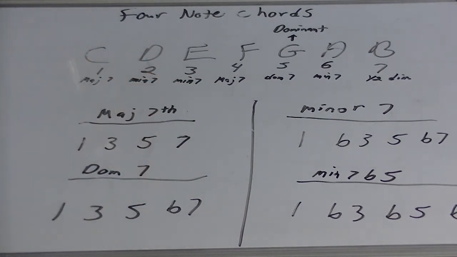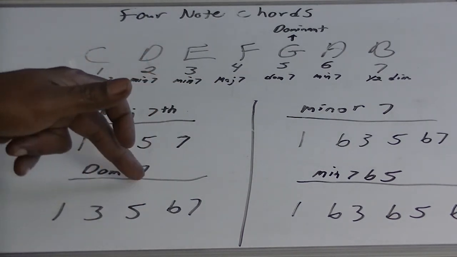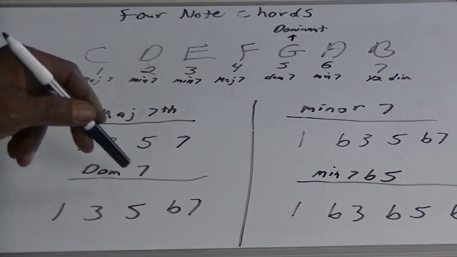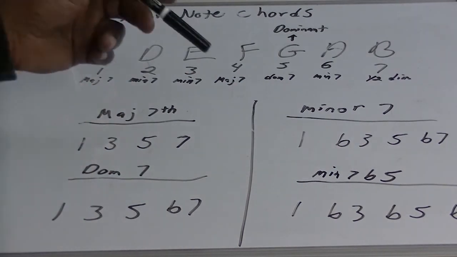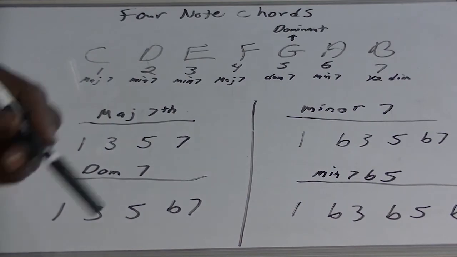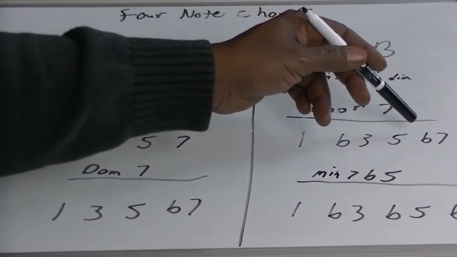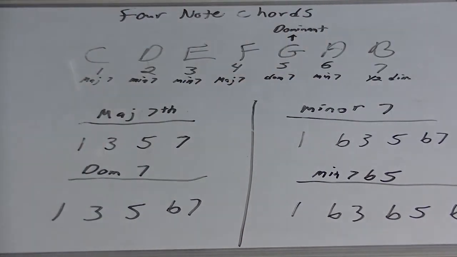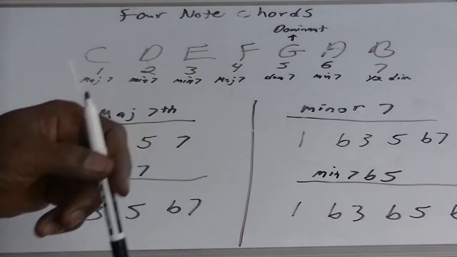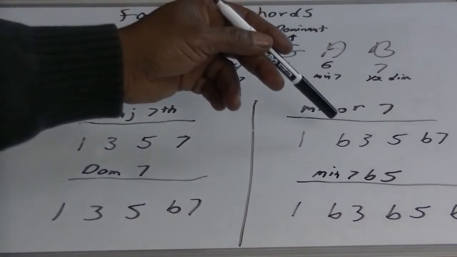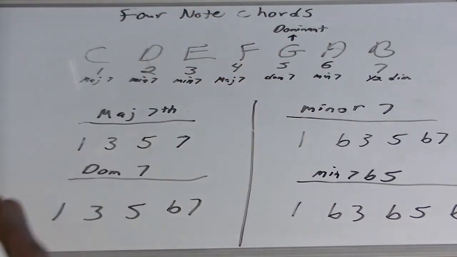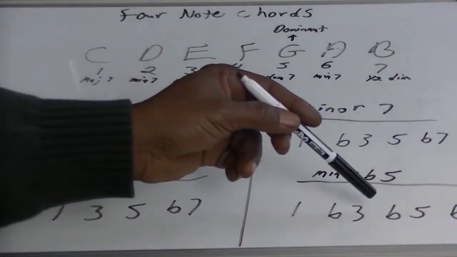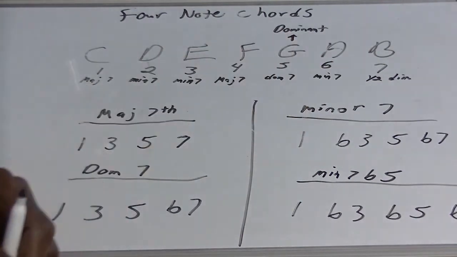In the dominant 7, we have the 3rd and the 5th directly from the major triad. When we get to the minor 7 chord, we have the flatted 3rd and the 5th, and these are taken directly from the minor triad. And the minor 7 flat 5 takes this and alters it even further, and now we have the flatted 5th along with the flatted 3rd.